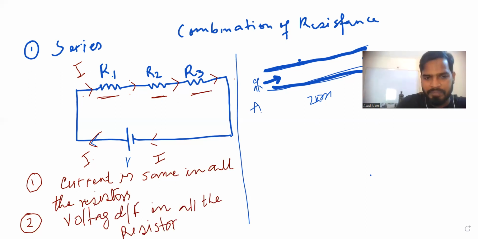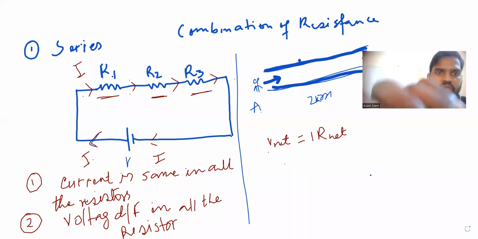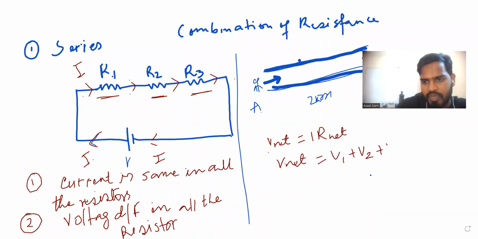Voltage is different, so net voltage is equal to I times R net, since current is the same here. If you want to find the total voltage, V net is going to be V1 plus V2 plus V3, till n.